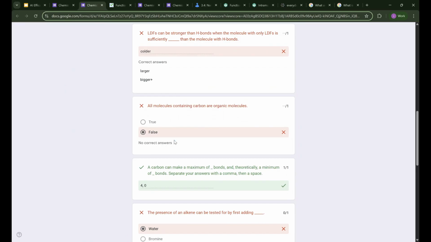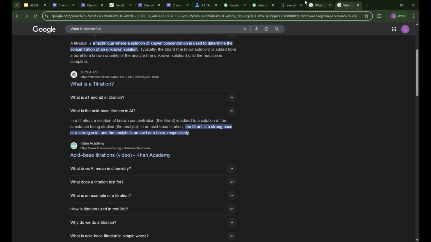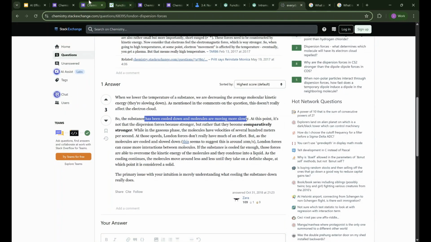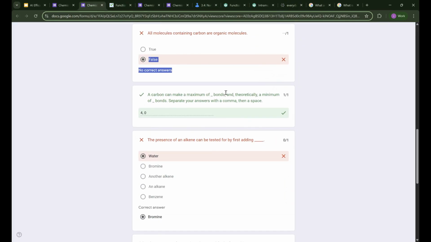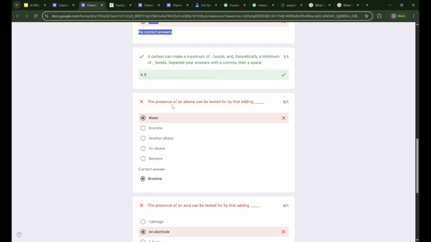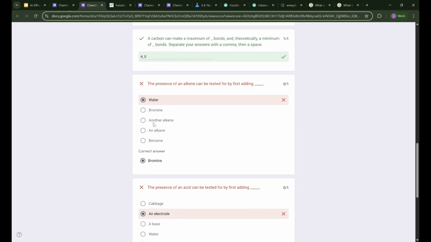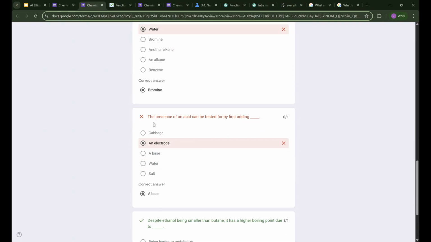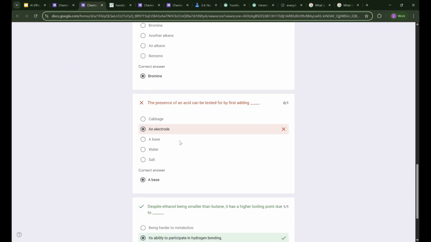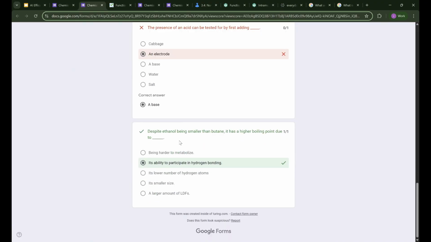This one has no correct answers. That's strange. But I think this one was right because it had to have hydrogens as well. Okay, I was unsure about this answer. A base, huh? Interesting.